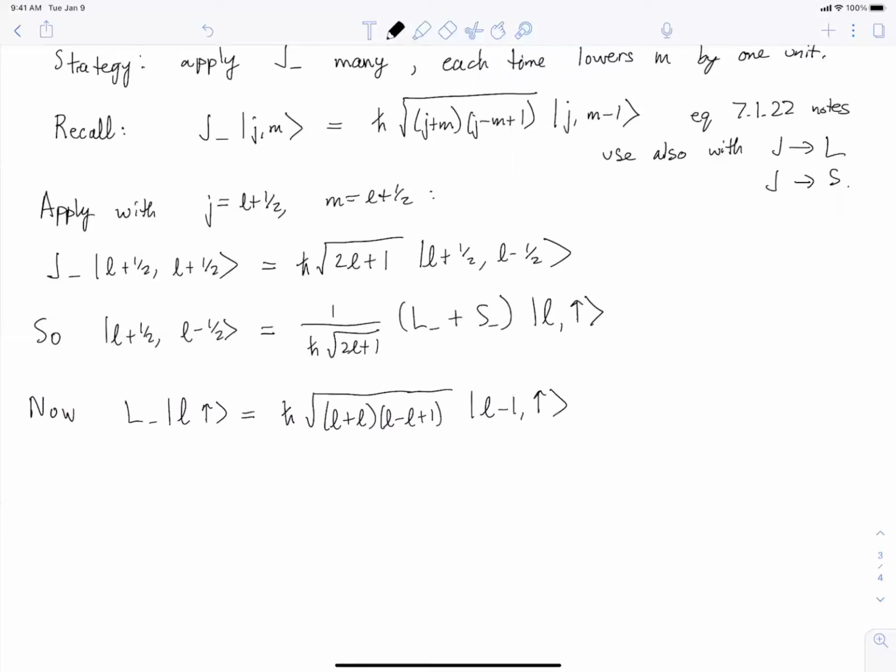Okay, so the L minus operator just ignores the up arrow label, and it only acts on the L label, the M sub L label. Okay, and then we should simplify that a little bit and write that as h bar square root of 2L times L minus 1 up arrow.